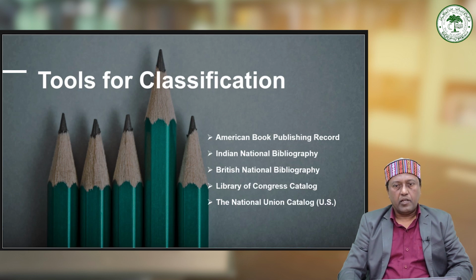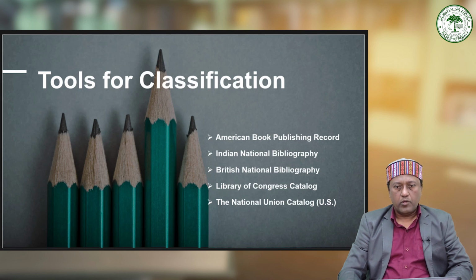Then the Library of Congress Catalogue, a catalogue maintained by the Library of Congress containing bibliographic records for a wide range of publications, and it serves as a valuable reference for classifiers due to the expertise of Library of Congress classifiers.